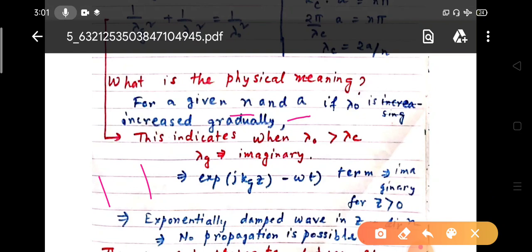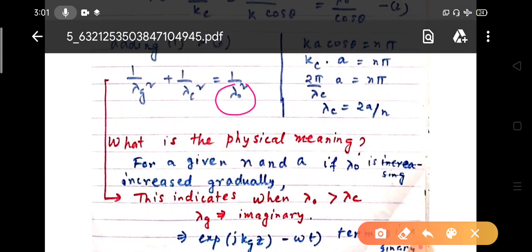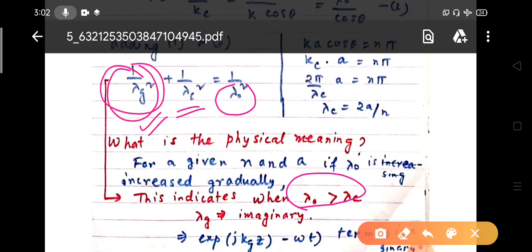If you increase lambda naught, at some point when lambda naught is greater than lambda c, what will happen? Lambda g will become imaginary. Now lambda g is the effective wavelength which is propagating.